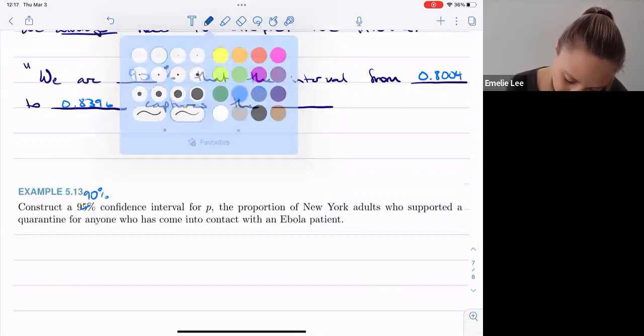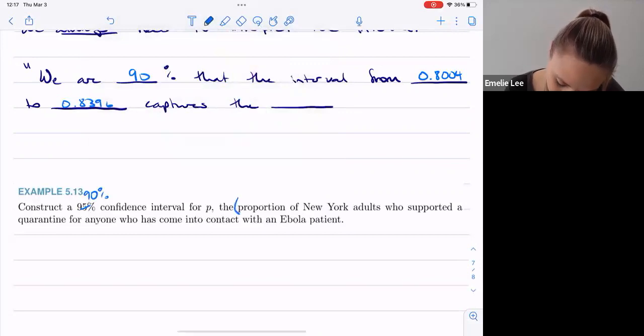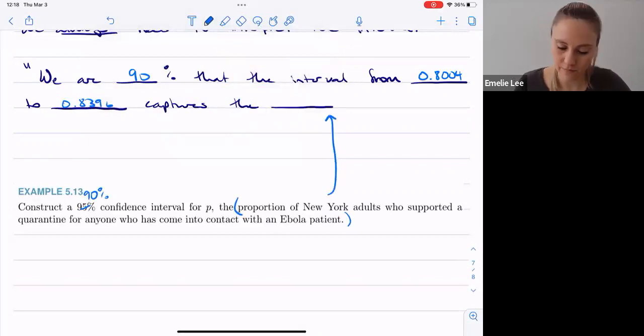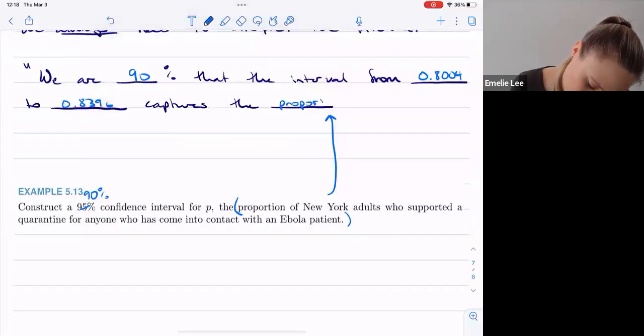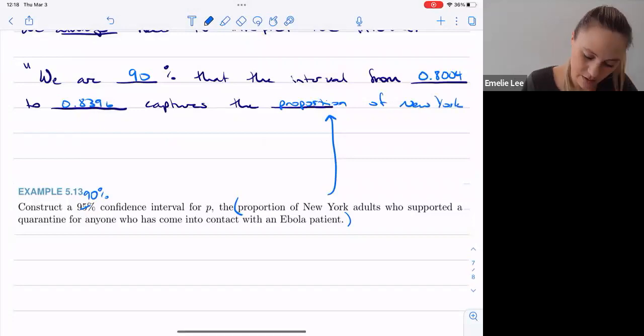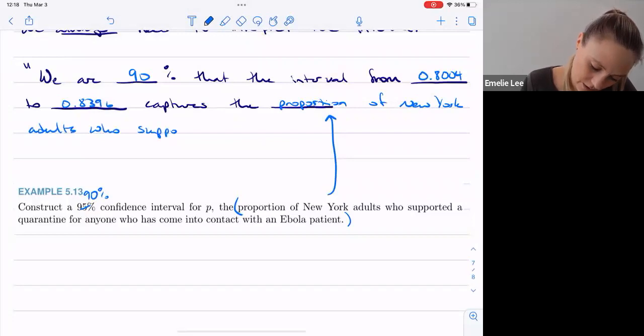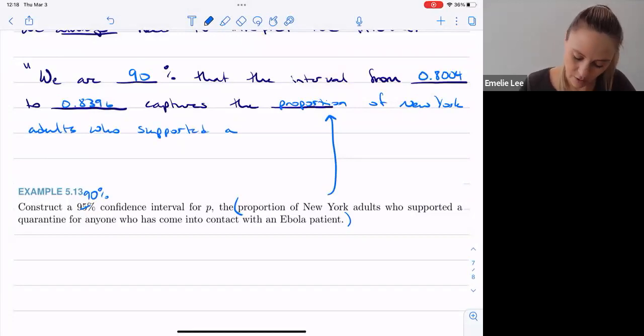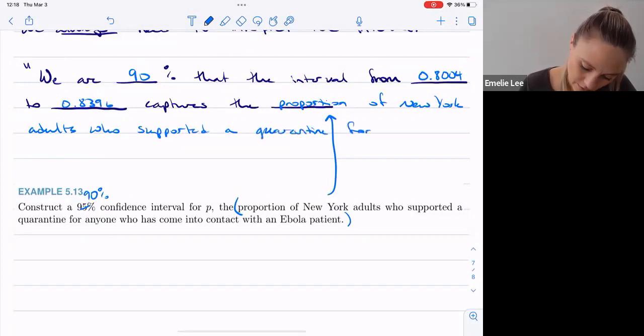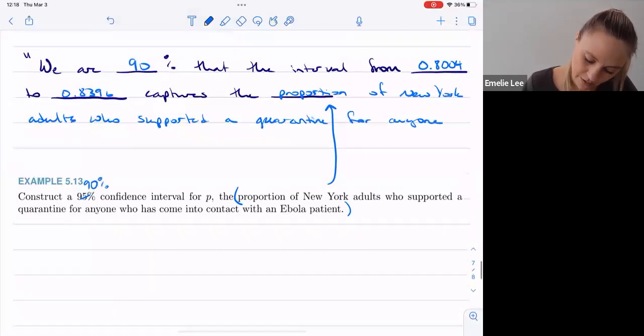Captures the proportion of New York adults who supported a quarantine for anyone who has come in contact with an Ebola patient.